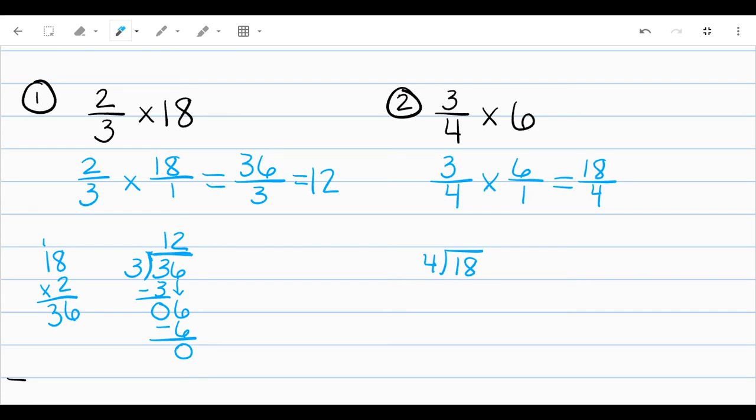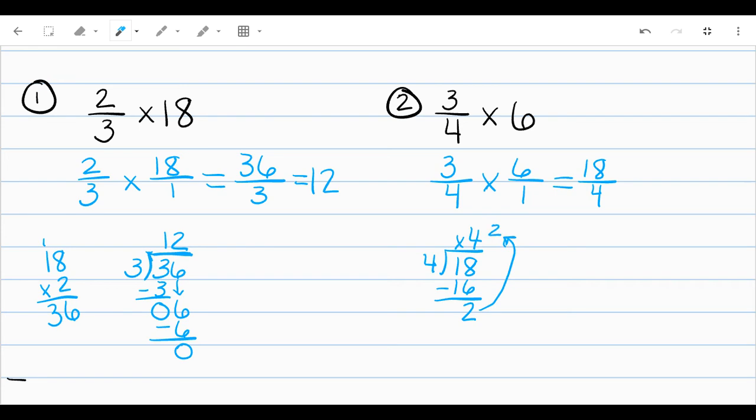4 can go into 1 zero times, or I can put a little x to hold my place value. Now 4 can go into 18 4 times. 4 times 4 is 16. When I subtract, I get 2. So 2 is my remainder, and we can write it as 4 remainder 2. But I'm going to change this 2 and make it my fraction.